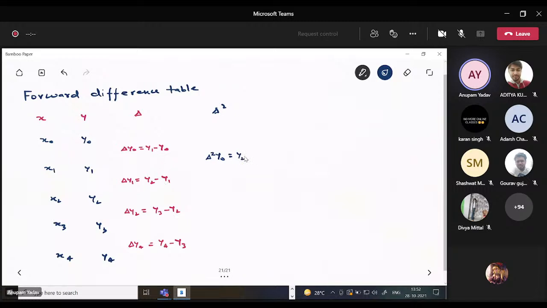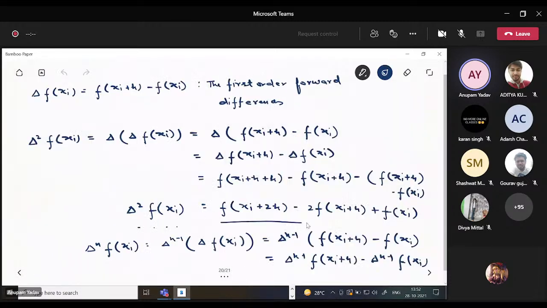Similarly del 2 y1 will be y3 minus 2y2 plus y1, and del 2 y2 will be y4 minus 2y3 plus y2. Basically this is the same formula which we derived separately.